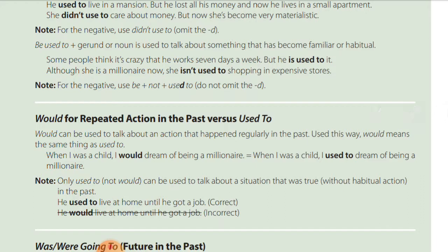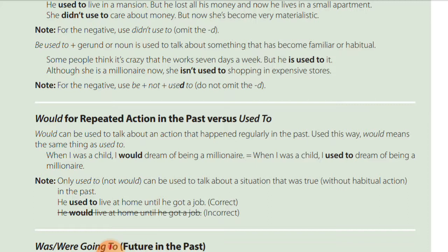When we make a negative of used to, we of course use didn't, because used to is in the past. It's a past verb, so the negative of it will be with the didn't. For example, she didn't use to care about money, but now she's become very materialistic.